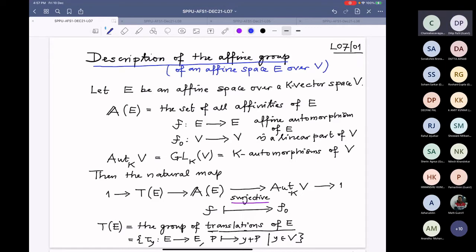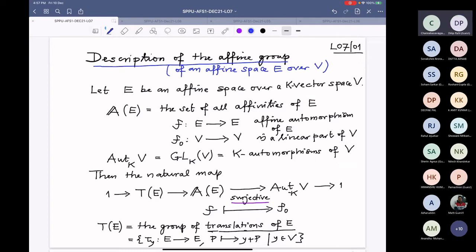Philosophically, we got E out of the vector space addition. So a vector space was given to you, for example Rn, or k power n in the finite dimensional case. So this group has something to do with those vector space additive groups and the linear maps which came out of that, because this F0 is a linear map.